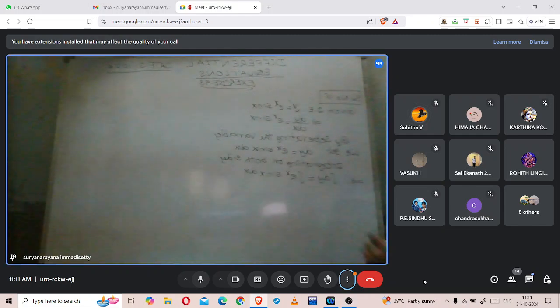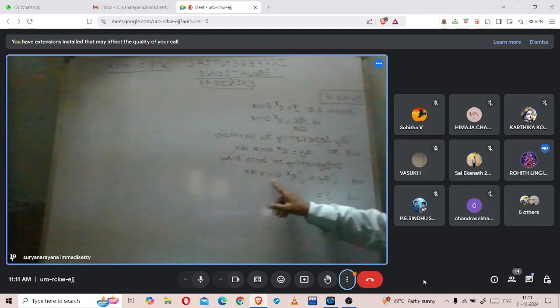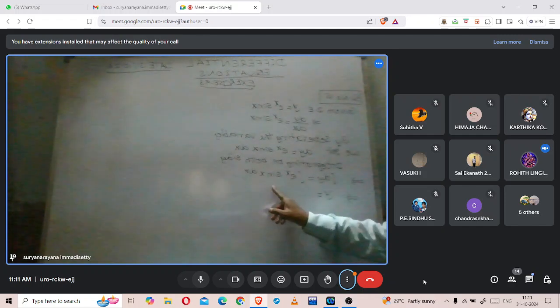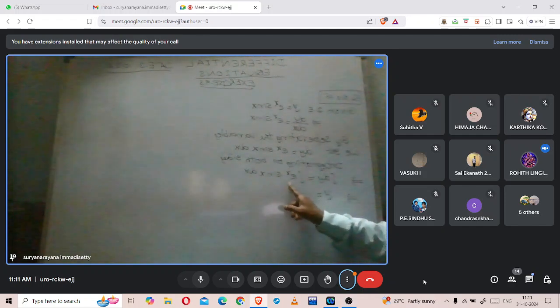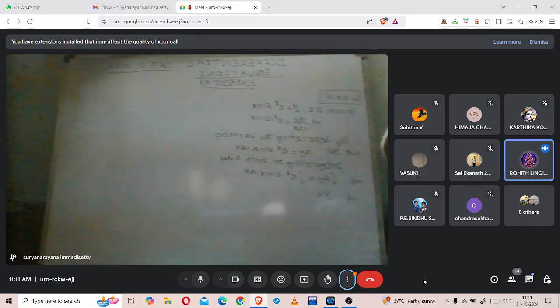This side we get easily: integral dy is equal to y. How do you integrate this function e power x into sin x?